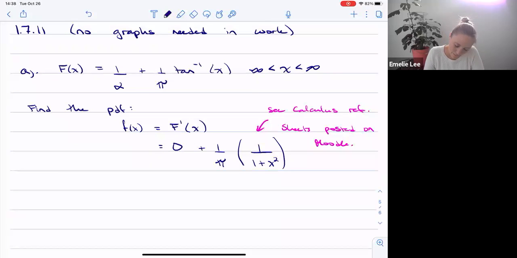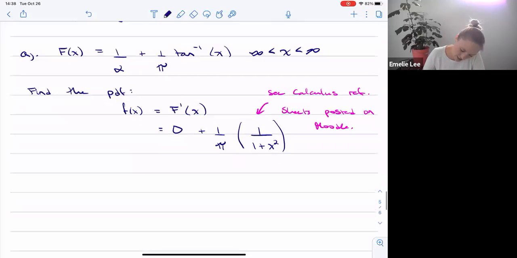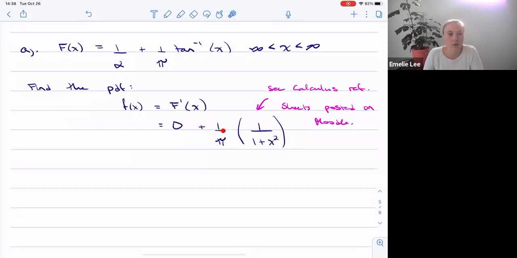Okay. But if I go through and I deal with this, then 0 goes away, and I'm just left with 1 over pi times 1 plus x squared. Okay, that's the PDF. That's the probability of an individual value of x.